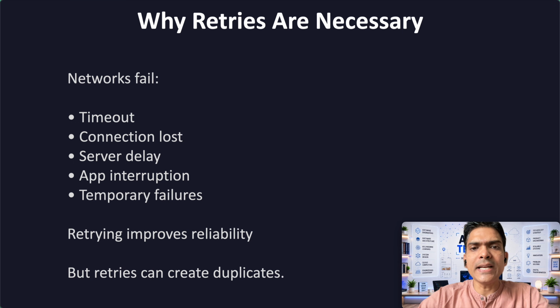Retrying is a necessary mechanism to improve reliability. But here is the trade-off. Retries can create duplicates. If an operation has side effects like charging a payment or creating an order, a retry could execute that operation multiple times. This is where idempotency becomes essential.